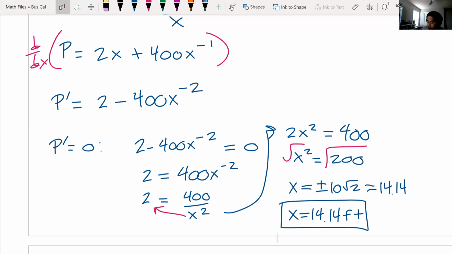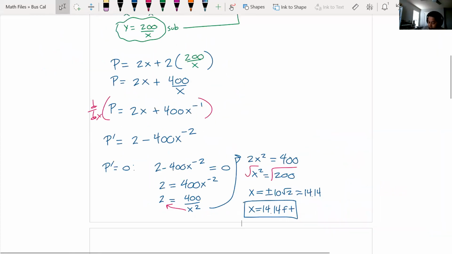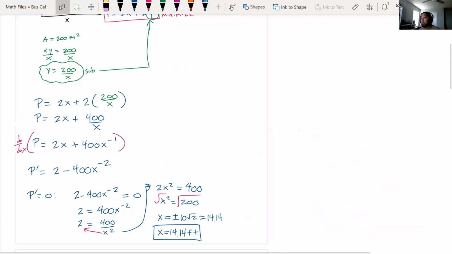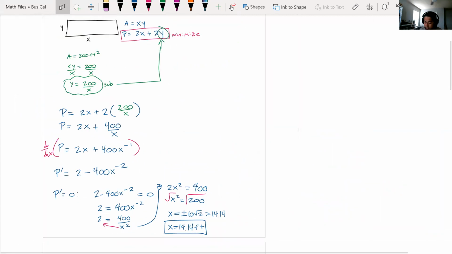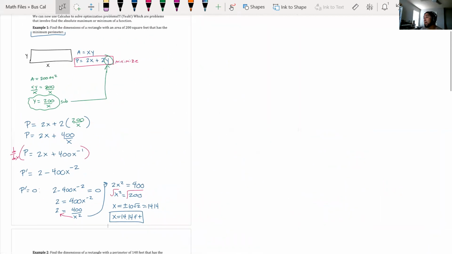So all we're going to do now with this critical number is find the value of y, because all this question says is find the dimensions that would minimize this perimeter. Now we know that x is 14.14, which means if we want to find the dimensions, we need to find y. So we plug this x value back into our substitution, which says y equals 200 over x.